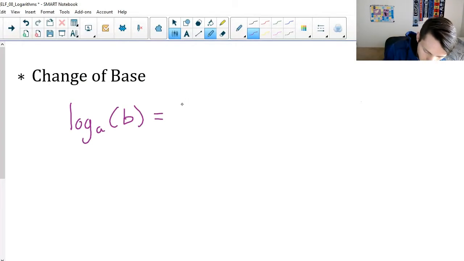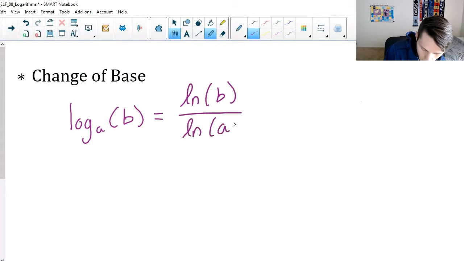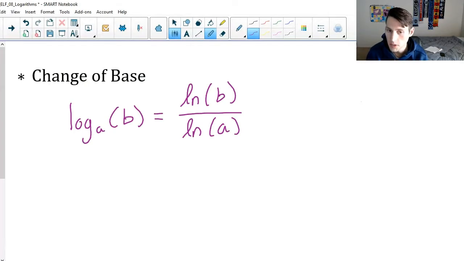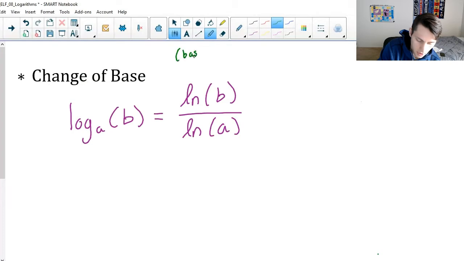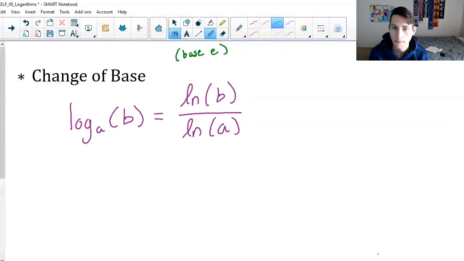So I could change it so it's natural log of b over natural log of a. This would be changing it to base e, because remember, natural log is base e.